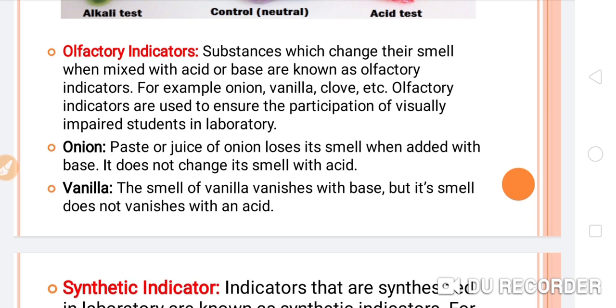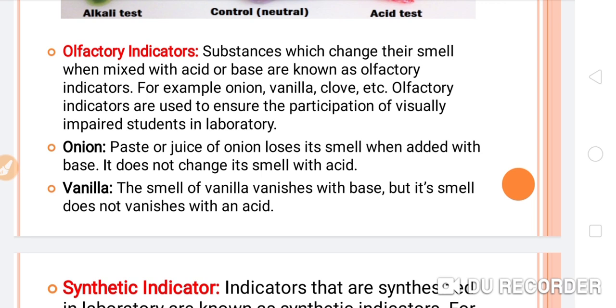For example, onion, vanilla, clove, etc. Olfactory indicators are used to ensure the participation of visually impaired students in the laboratory. So this is very important for visually impaired students.